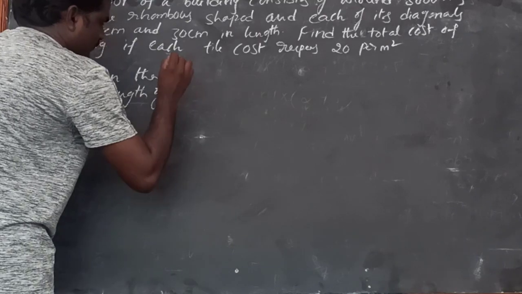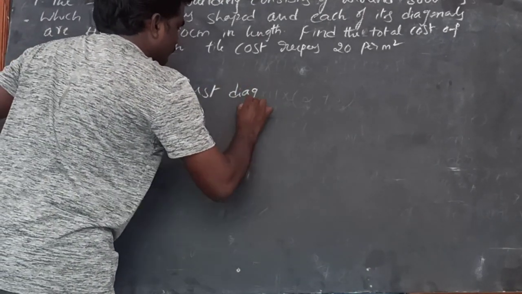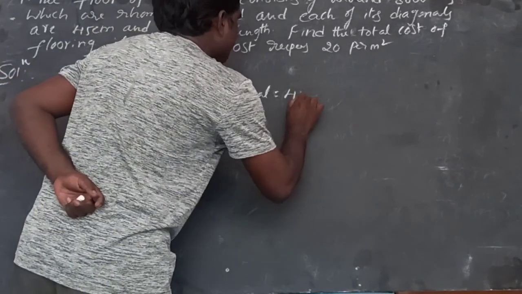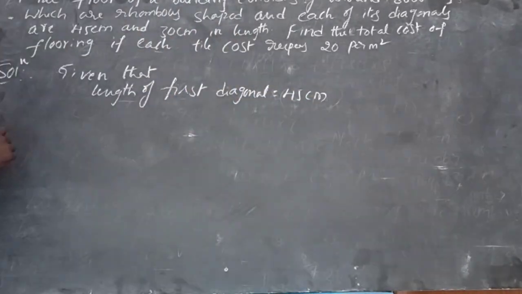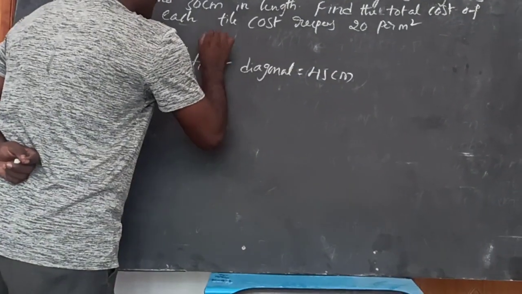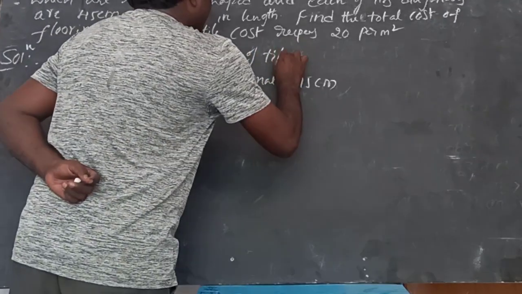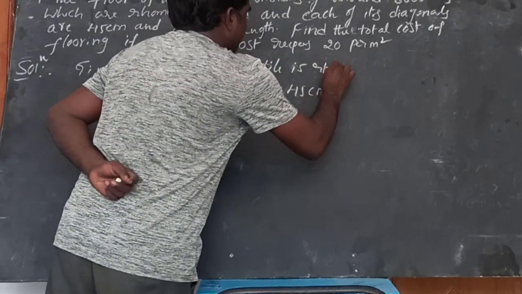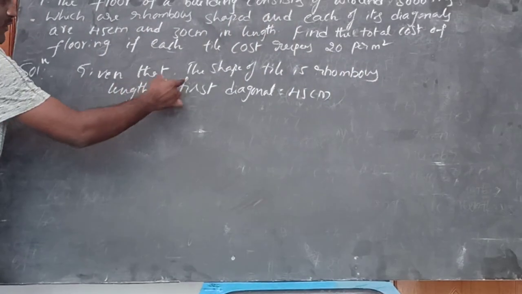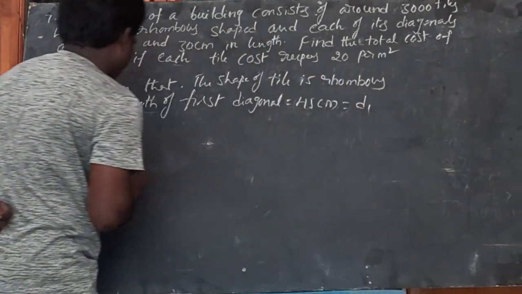Length of first diagonal is 45 cm. Given that the shape of the tile is rhombus, the length of the first diagonal is 45 cm, that is given.